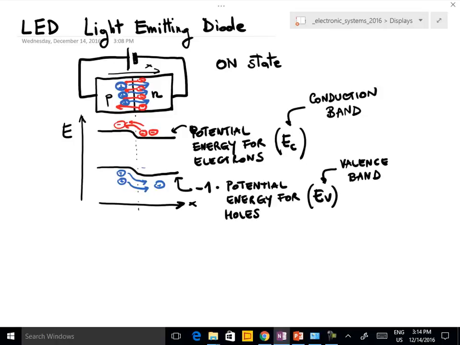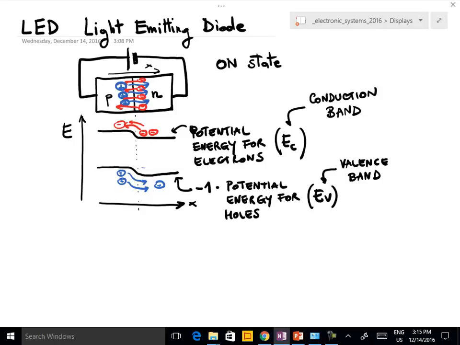Now, what happens here is that after this diffusion, we have a recombination. In this region, we have several injected electrons and a majority of holes, and then the electrons recombine with the holes, which means the electron occupies a state close to a silicon atom, which was empty, which of course corresponds to a hole.